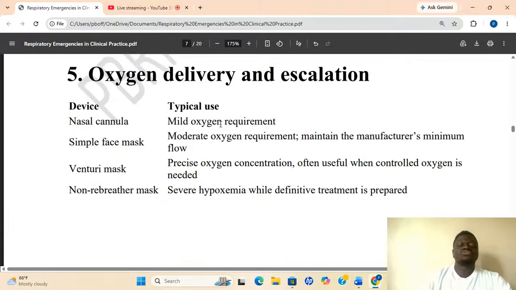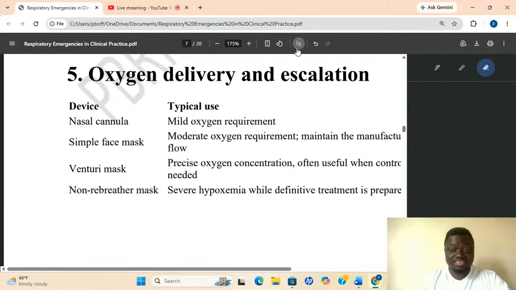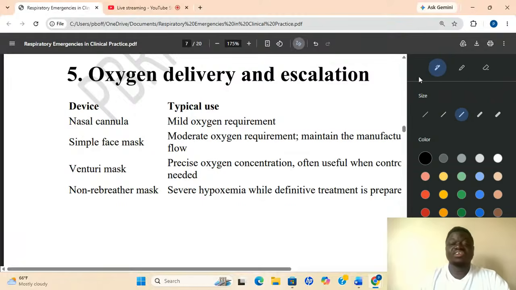Right. So that is it about the ventilation and oxygenation cascade. Now let's look at oxygen delivery and escalation. When a patient comes with respiratory emergencies, always start from what? The patient says, I can't breathe. Okay, let's give nasal cannula first.